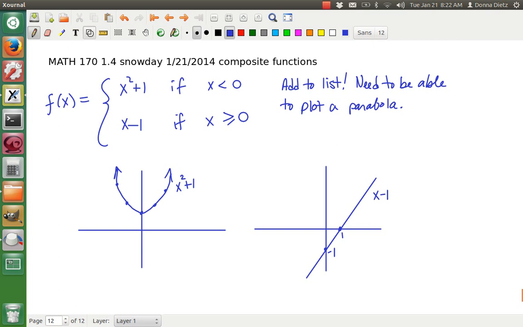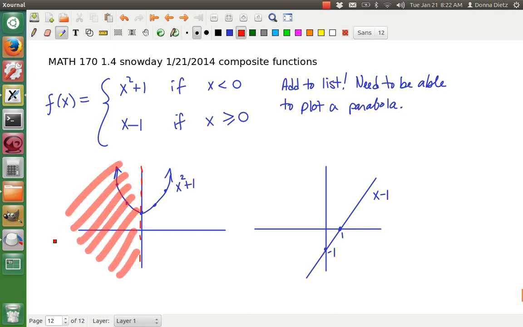What we're going to do is slice them. If x is less than 0, we're going to take everything over here, and I'm going to highlight it. This is going to go into our final graph.